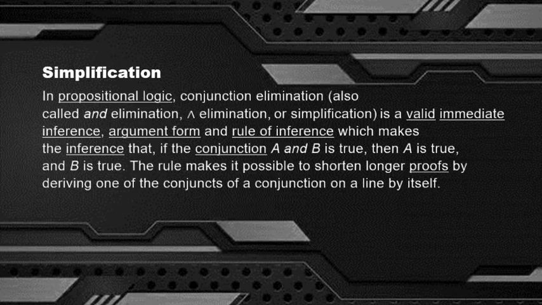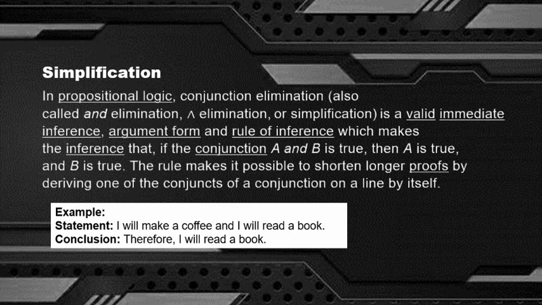The rule makes it possible to shorten longer proofs by deriving one of the conjuncts of a line by itself. So diri murag sa word nga simplification, so giyarang gi simplify. So ang example statement, I will make a coffee and I will read a book. So ang conclusion din therefore I will read a book. So gimubo ra niya.